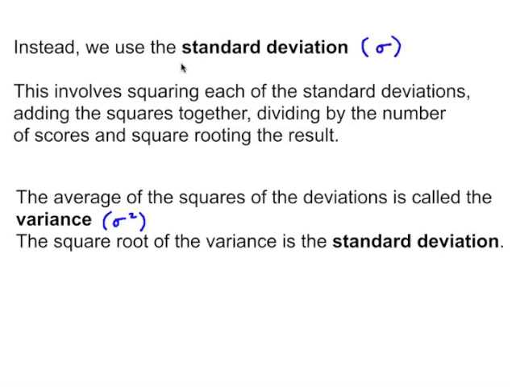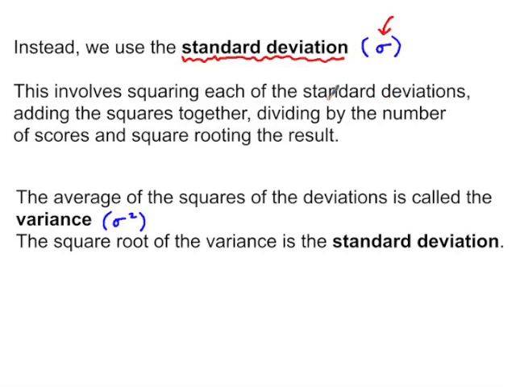But a far more common measure of spread is called the standard deviation. And the symbol for standard deviation is this lowercase sigma. Now, to work out the standard deviation manually, as we're about to do, is more complicated than the mean deviation which we've just done.